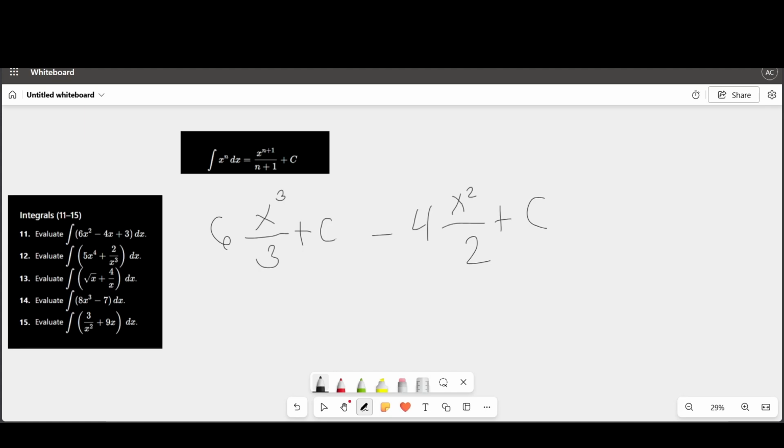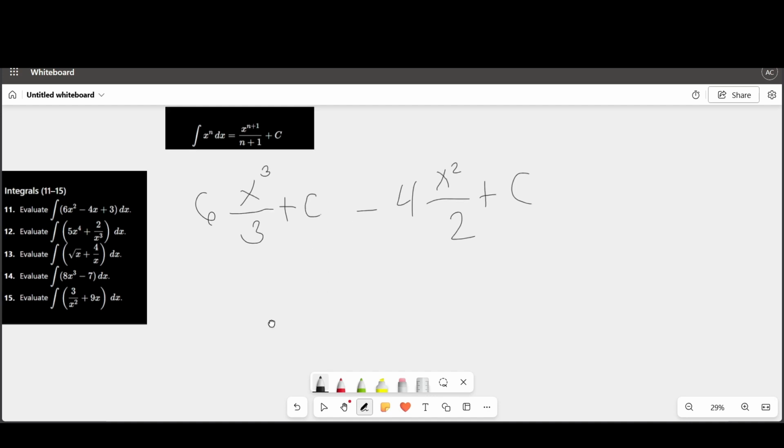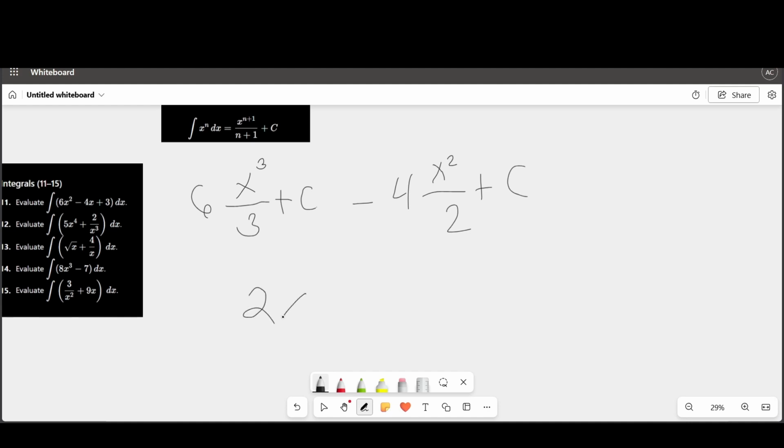Let me just evaluate where I went wrong here. So 2x^3 minus 4 divided by 2 is 2x squared plus c. Is that it? Oh, I forgot the 3.